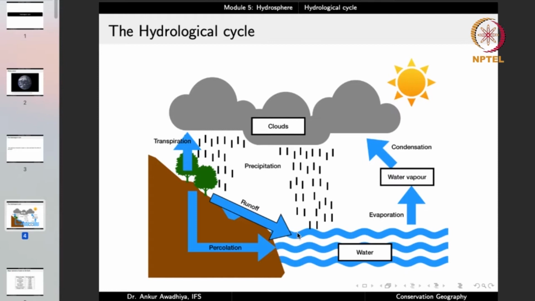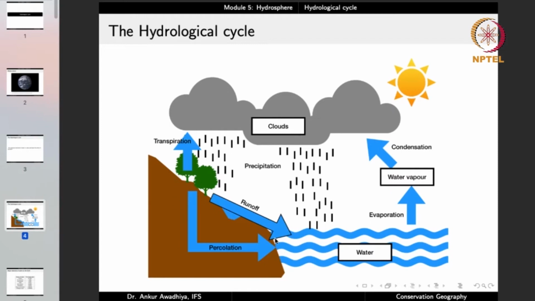So we can have precipitation in the form of rainfall, snowfall, hailstones and so on. And because the clouds can move together with the winds, we can have this precipitation over the water bodies, or we can have this precipitation over land. Now when the water is on the land, it starts to move according to the gradient of the land, according to the slope of the land, because of gravity.